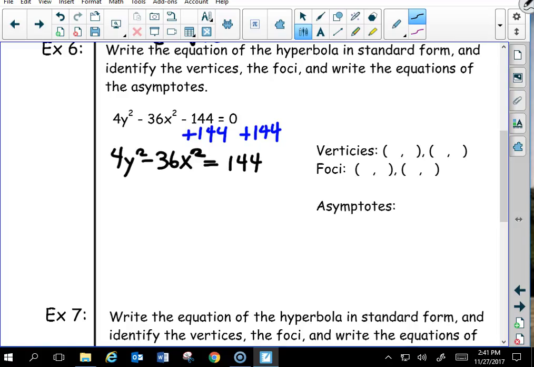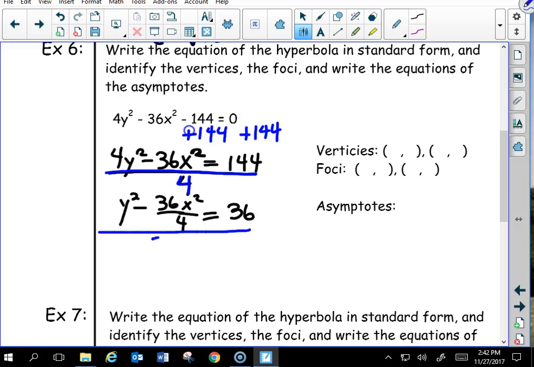All right, I'm going to divide everything by 4. My division's going to look a little strange. I'll do that in blue. So y² minus 36x² over 4 equals, 4 goes in 144 36 times.